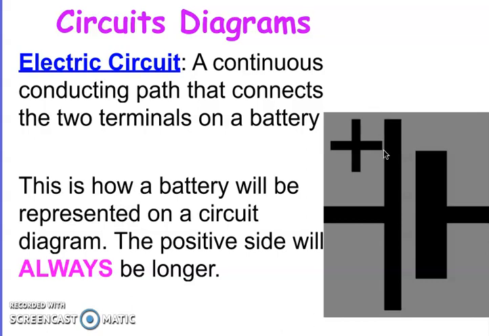The longer side will always be the positive terminal of a battery. If you've ever put batteries in backwards, it doesn't always work, because the direction the current is flowing does matter. So we designate that on our diagrams. The longer side of the battery represents the positive terminal.